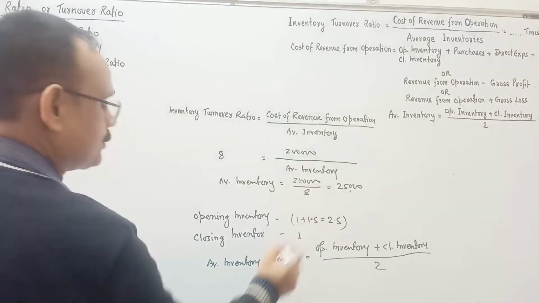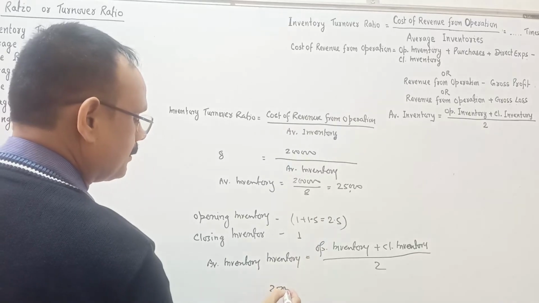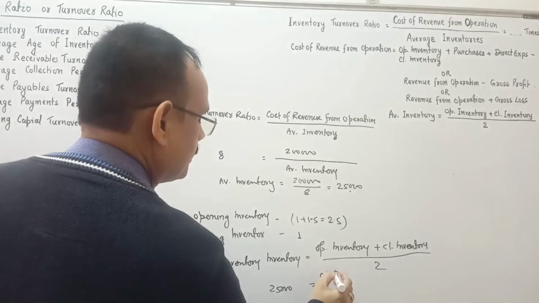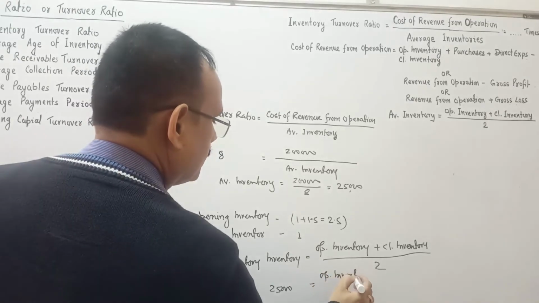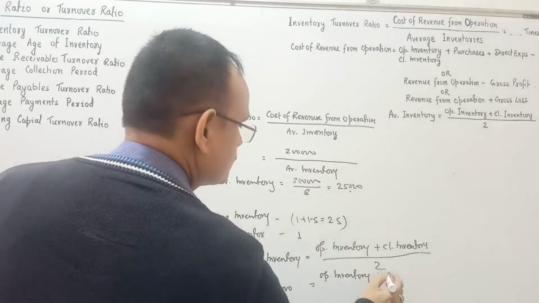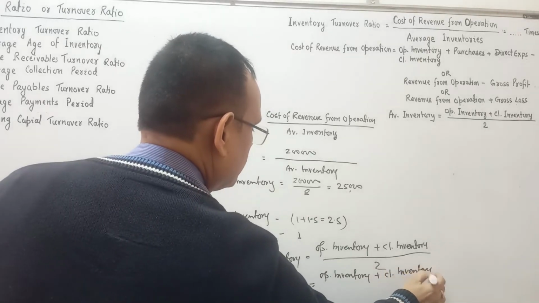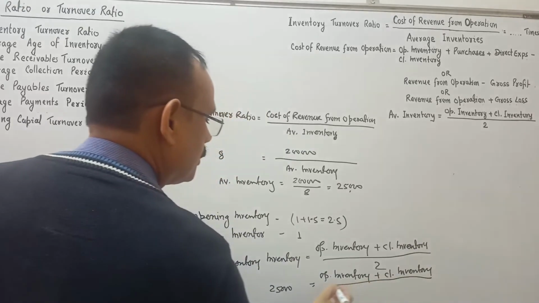So average inventory is 25,000, we have already found it out, is equal to opening inventory plus closing inventory upon 2.